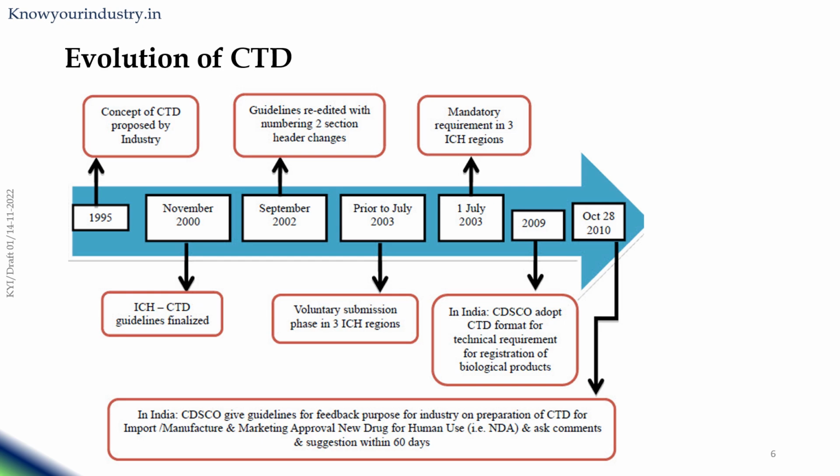In 1995, the concept of CTD was proposed by the industry. In November 2000, the ICH CTD guidelines were finalized. In September 2002, the guidelines were re-edited with two section header changes.